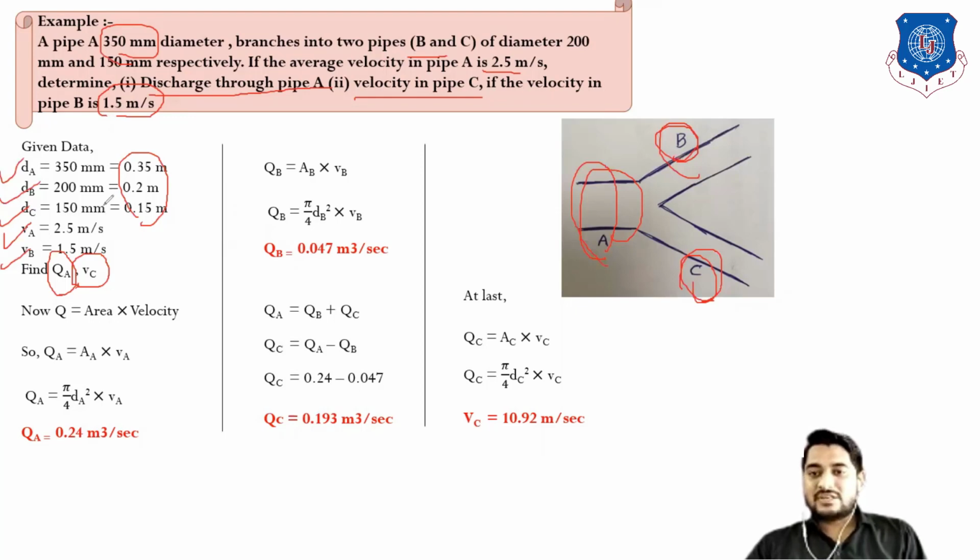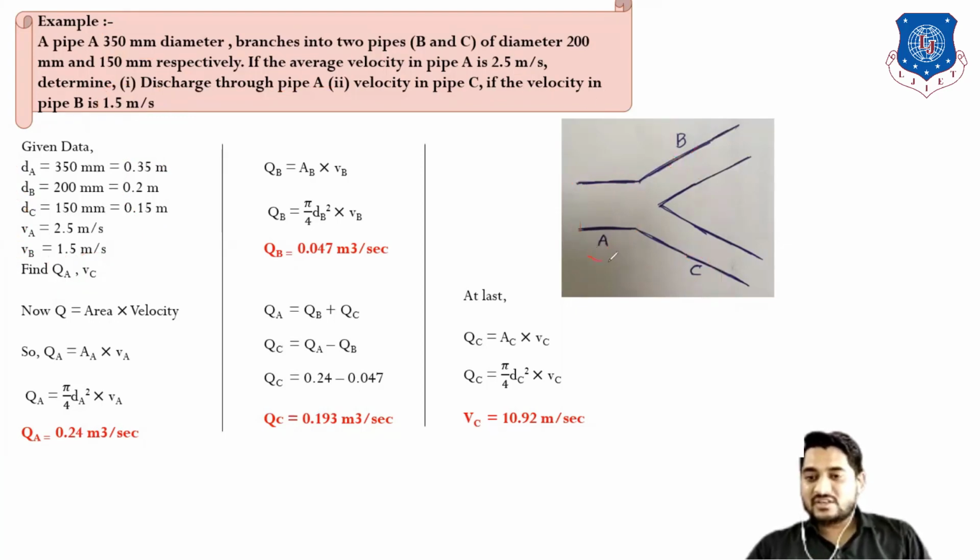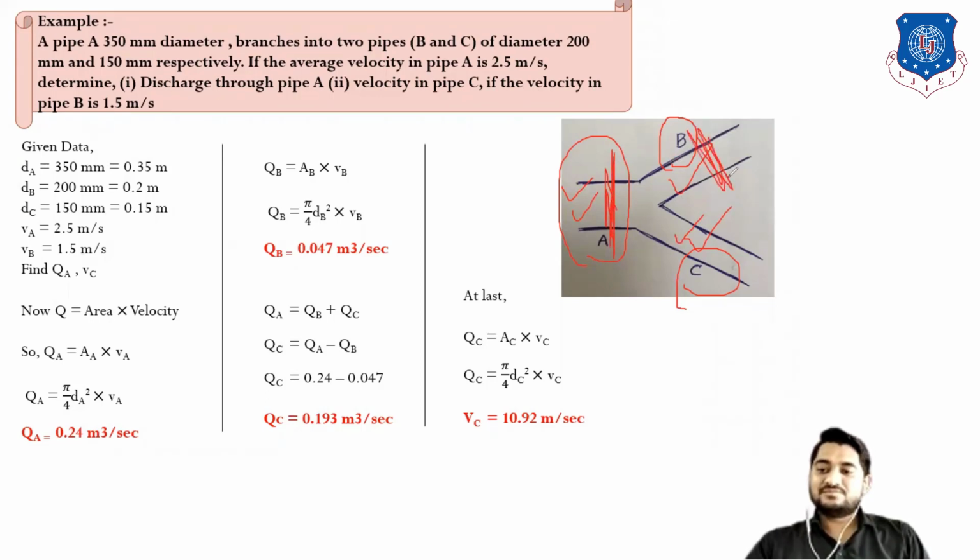Clear? So let us understand the sketch first. Here one pipe A branches into two other pipes B and C. For this arrangement, diameter is given for all the pipes and velocity is given for pipe A and pipe B. We have to find the discharge in this area and the velocity in this area.